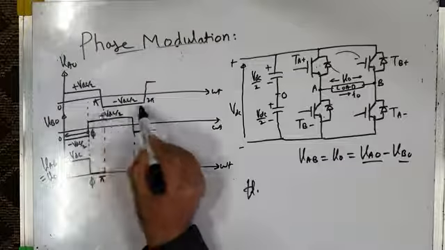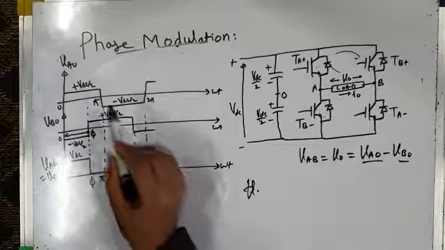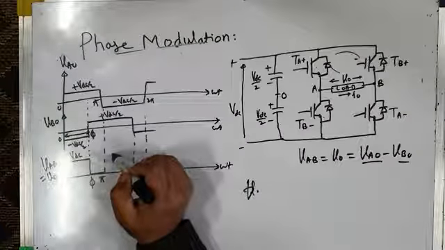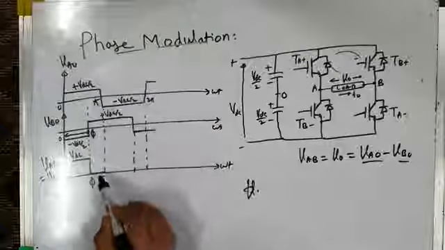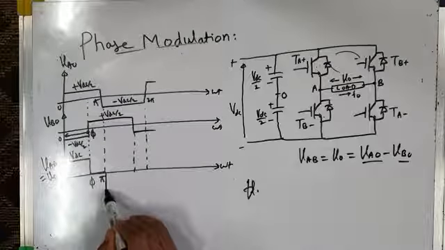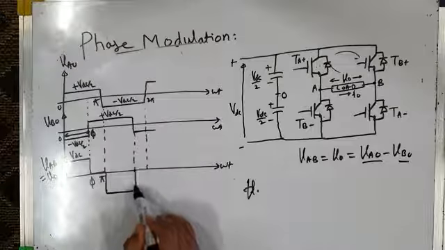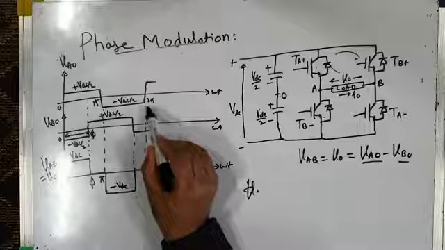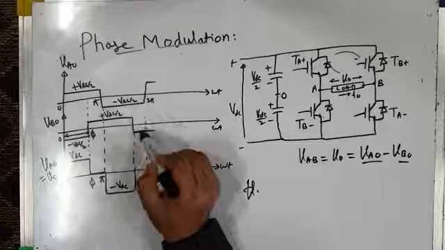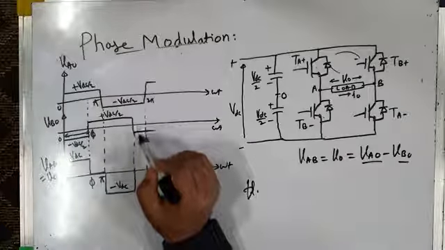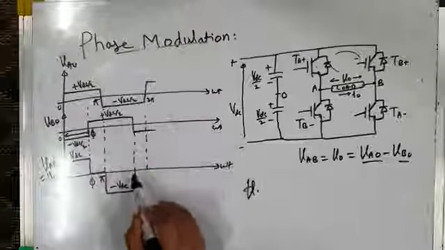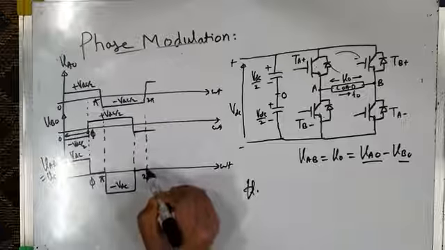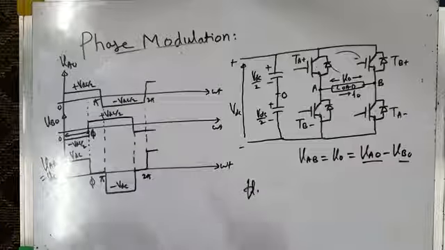Then from pi to pi plus phi, my load voltage is VAO minus VBO, that is minus VDC by 2 minus VDC by 2, that is minus VDC. And then from pi plus phi to 2 pi, this is minus VDC by 2, this is also minus VDC by 2. So VAO minus VBO is minus VDC by 2 plus VDC by 2. So it is again 0 from pi plus phi to 2 pi. And then it again goes to plus VDC.